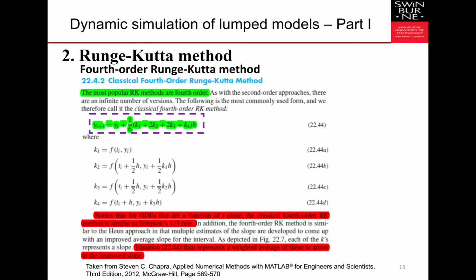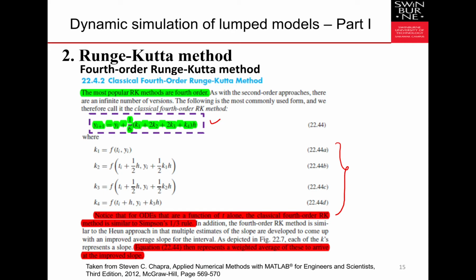The most popular Runge-Kutta method is the classical fourth order Runge-Kutta method, with the expression shown in these equations 22.44, and then we have the k1 until k4 calculations defined as here. If the ODE is a function of t alone, then the classical fourth order Runge-Kutta method will be similar to Simpson's 1/3 rule.